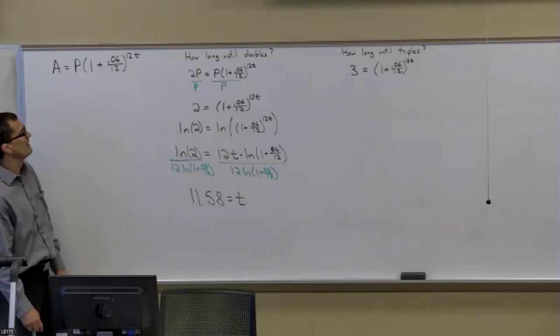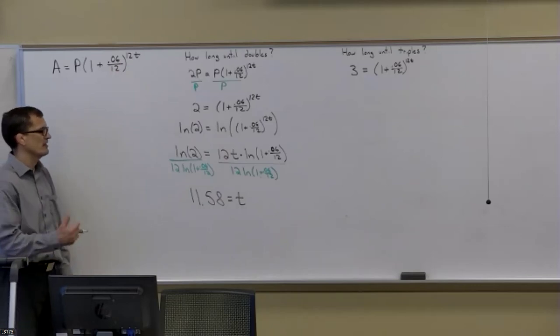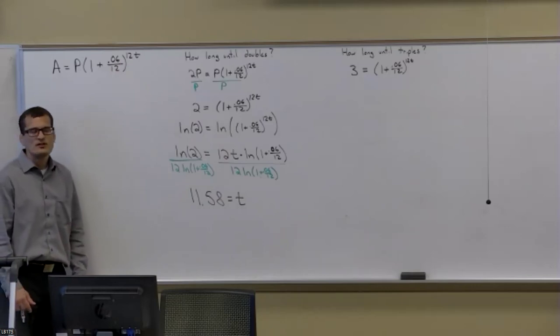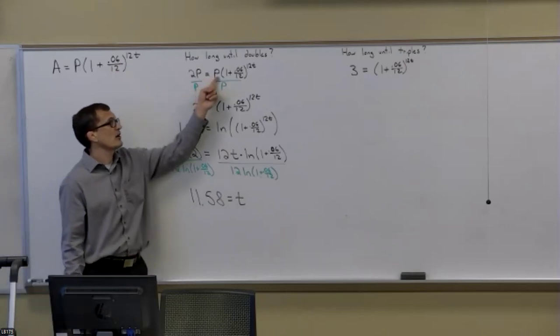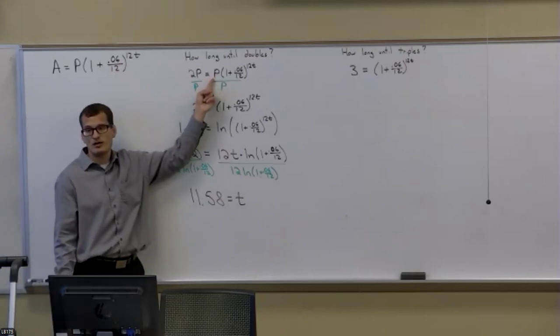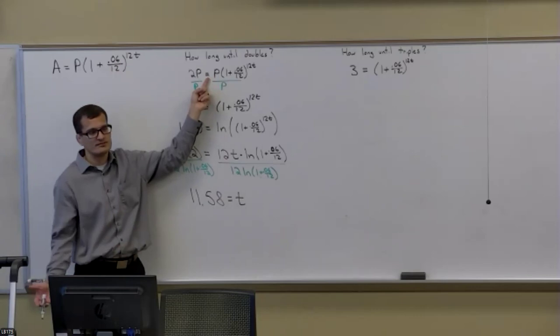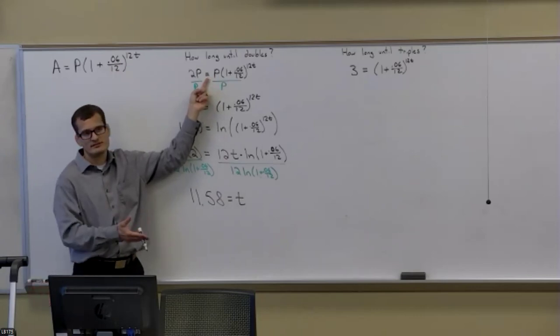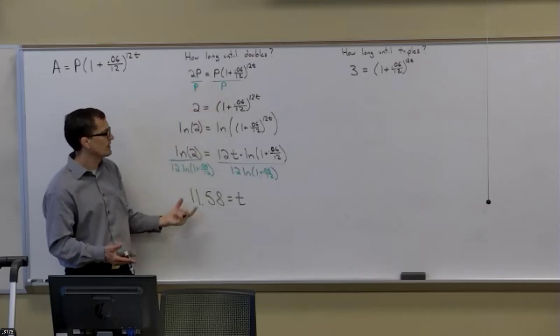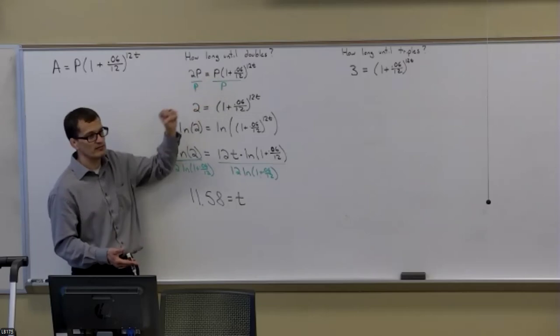Notice that works regardless of what my principal was. If I put in $1,000 and Warren Buffett puts in $10 million, his 10 million will turn into 20 million at the same time my 1,000 turns into 2,000. So this is regardless of the initial amount you put in.